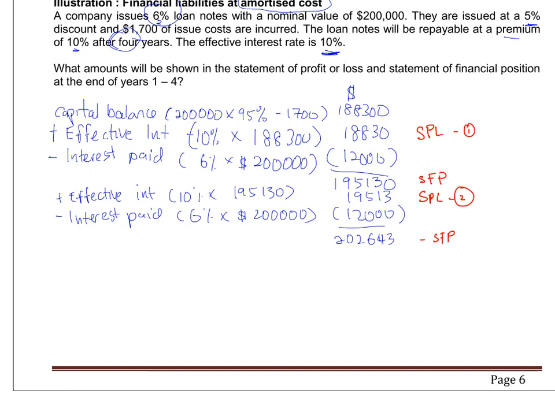How much am I going to redeem? I'm going to redeem at a premium of 10%. I borrow 200. I must pay back 10% extra, meaning 220. Exactly. Redemption. $10 extra. Done. The loan will be repaid at the end of year 4 at 220. Okay?